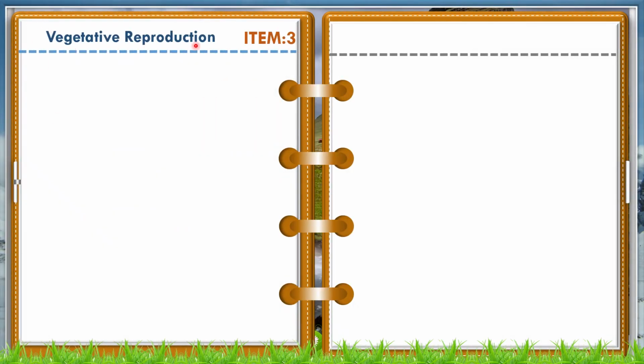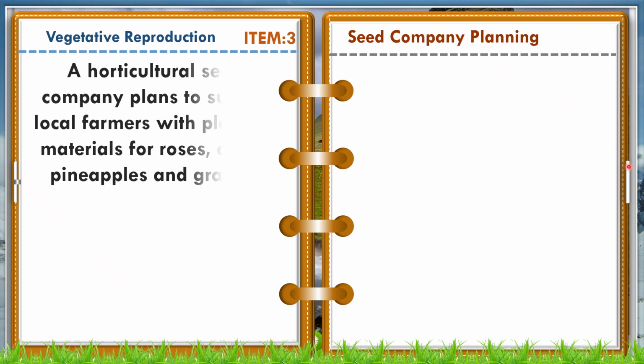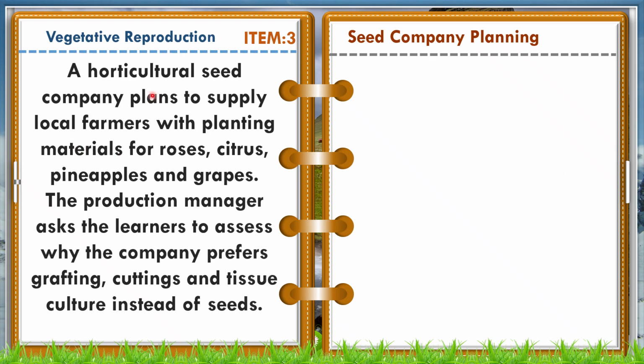Vegetative reproduction, item 3. Let's now look at seed company planning. A horticulture seed company plans to supply local farmers with planting materials for roses, citrus, pineapples, and grapes.